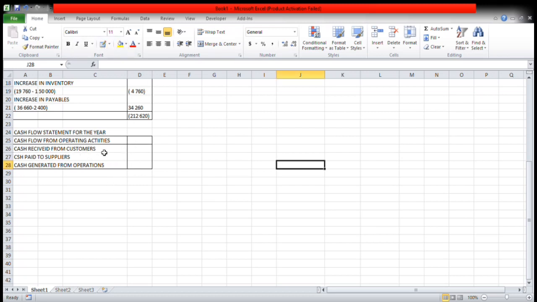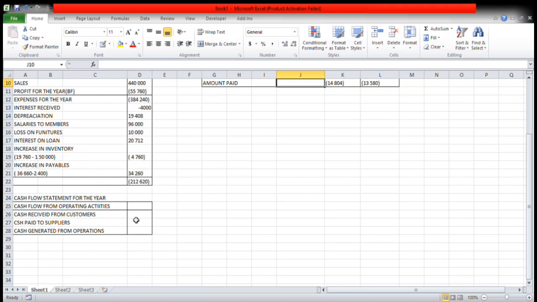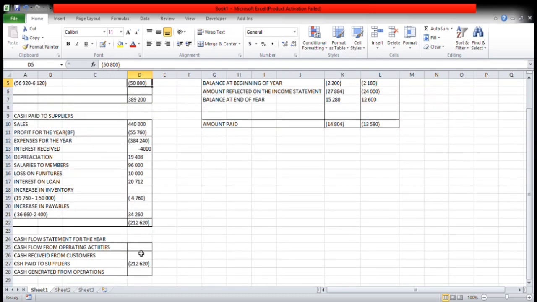So with the cash received from customers and the cash paid, we have dealt with the notes. So I'm just going to take the amount for the cash paid to suppliers. We have the negative 212,620. So the cash received from clients is 389,200. So if we take 389,200 and we less the cash paid to suppliers, we're going to have how much?